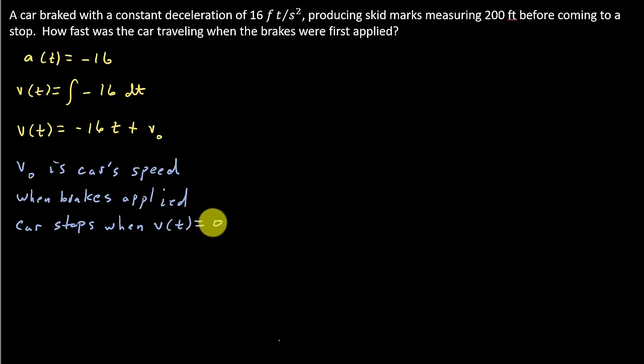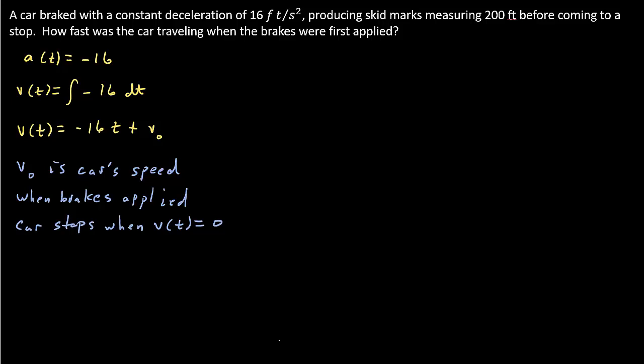So I need to figure out the position function, and then I can plug in the time that the car stopped, when the velocity was 0, and then I can solve for this v0. So let's write it down. It'll probably make more sense.